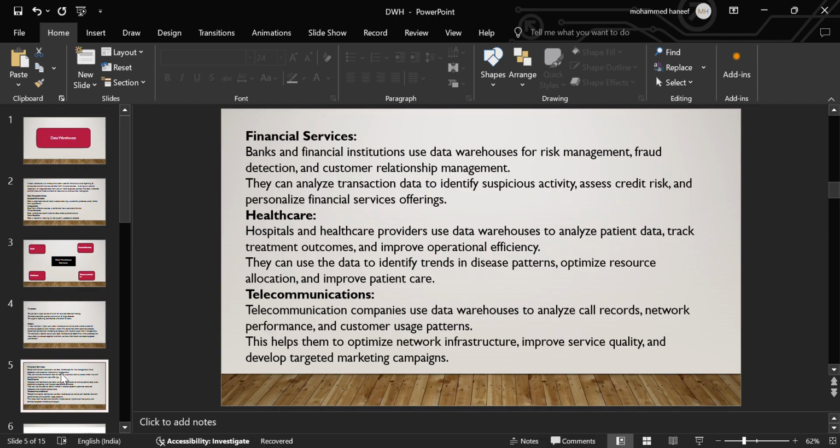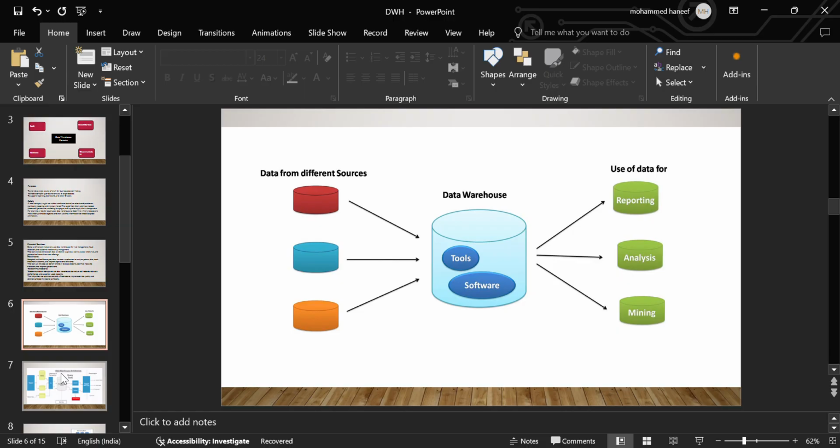After the data warehousing definition and the domains we have, we will go one by one through retail, financial, healthcare, and telecommunications. Before that, I wanted to bring one more point: what is the data warehouse architecture, which I want to define.